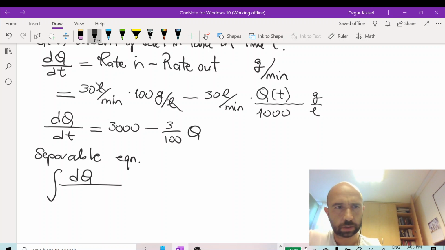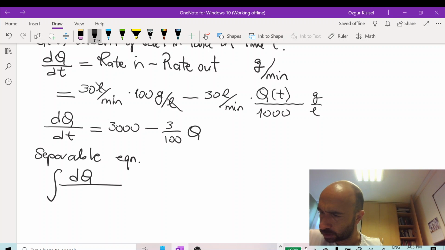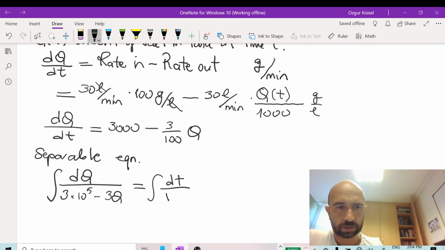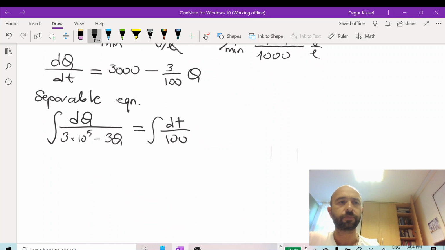Maybe it would be easier with kilograms rather than grams, but anyway, we started this way. If I equate denominators, it's like 300,000 or 3 times 10 to the 5 minus 3Q equals the integral of dt over 100. I guess that should be correct.